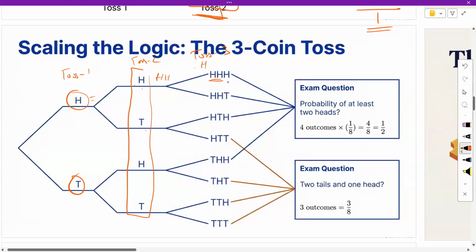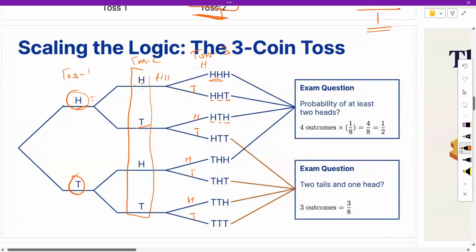In the first toss head, second toss head, third toss tail. Then head, head, tail. The first toss head, second toss tail, third toss head: head, tail, head. Likewise, head, tail, tail.